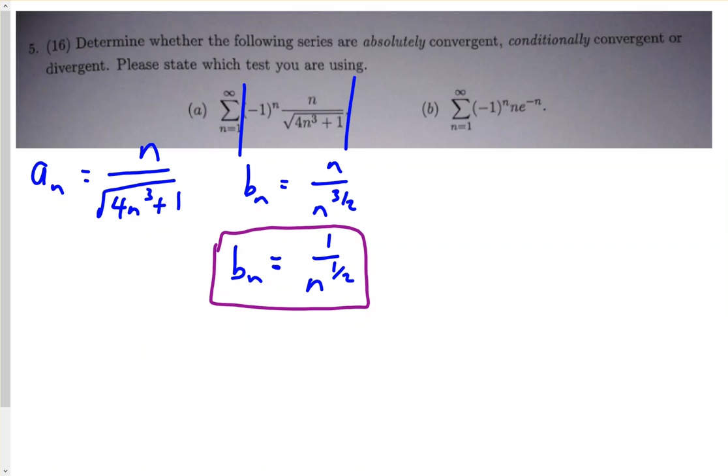So for the limit comparison test, we will do a limit as n approaches infinity of an over bn. Okay, so let's start from there.